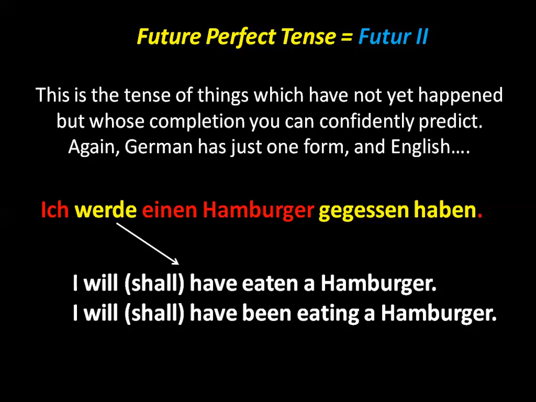I will have been eating a hamburger. And this is a reflection, again, of that variation from the present tense, because that's kind of mirrored in all these tenses that follow. This is why in English you have perhaps more ways of saying things than you do in the different tenses in German.